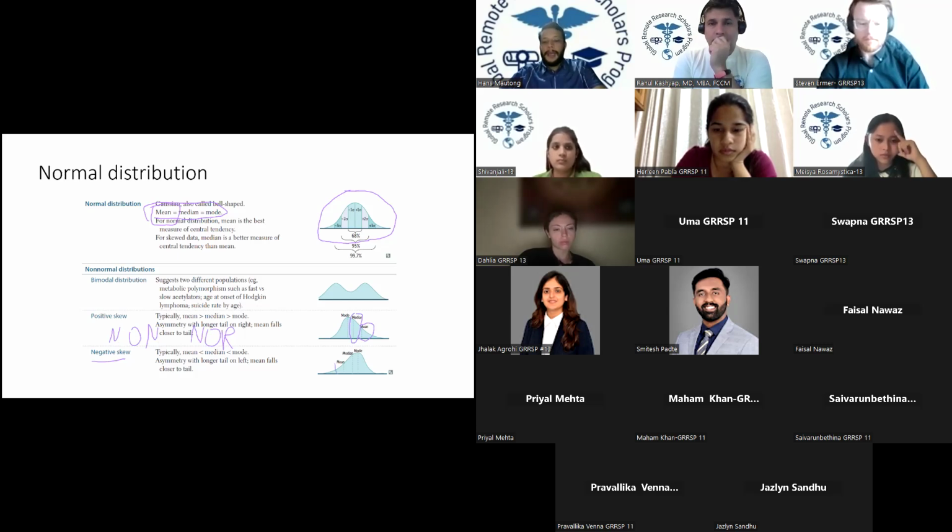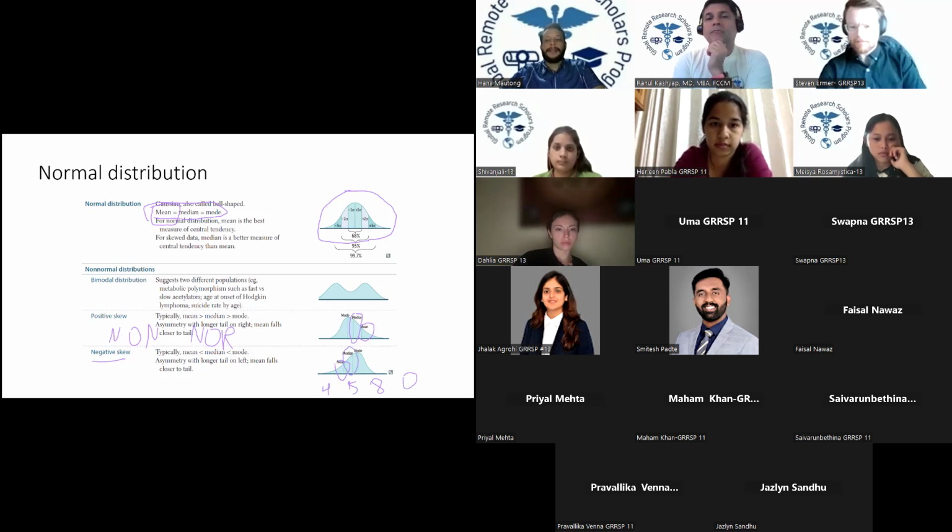Now, the mean is like something like 4, the median is something like, I don't know, 15, and the mode is something like 80. Okay? When you have these, it's basically the same situation. The mean no longer represents the center of your data, but the median is a better estimate.